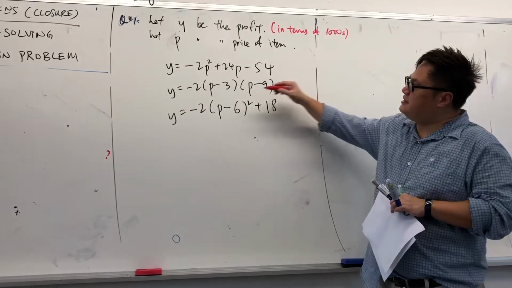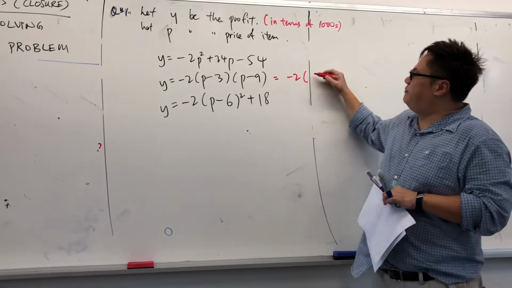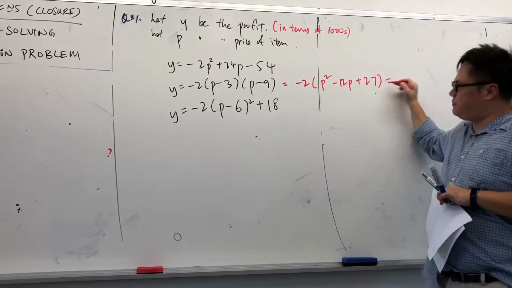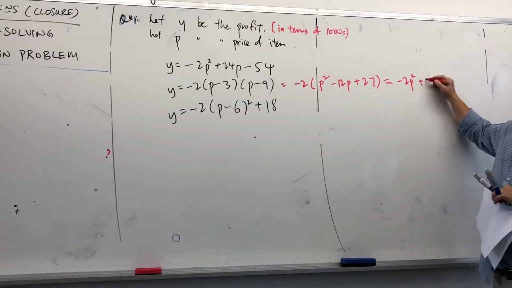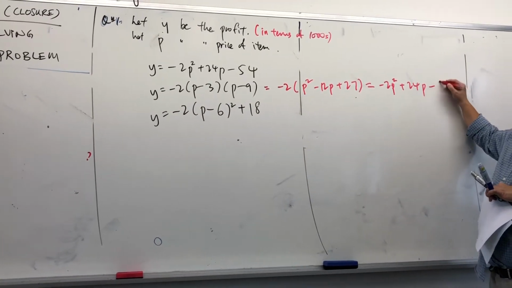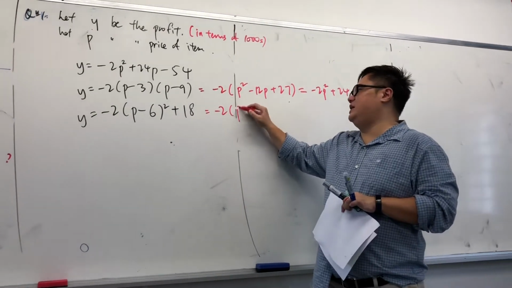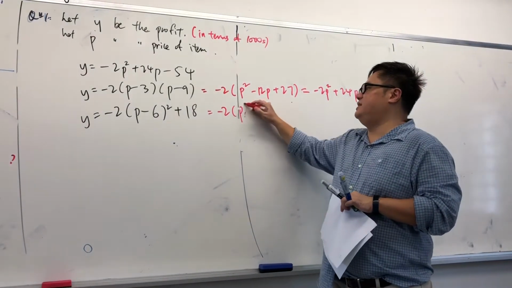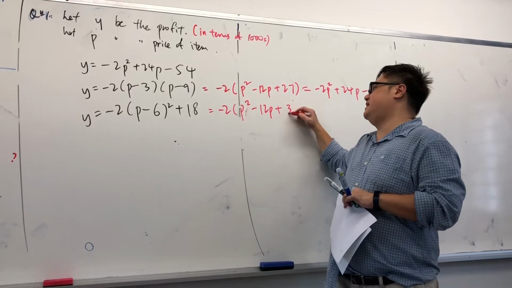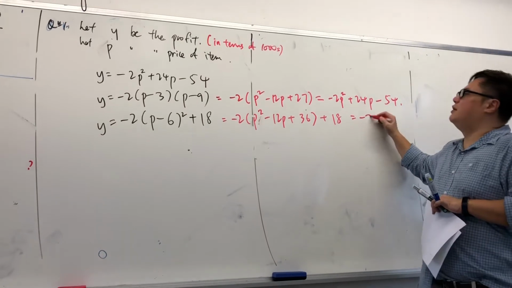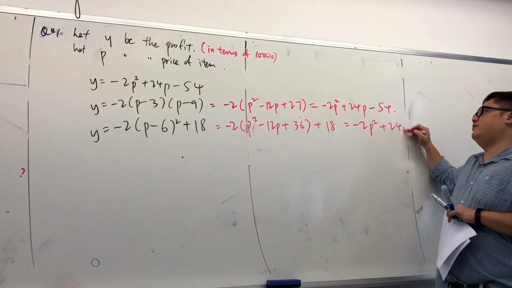You have negative 2 times p squared minus 12p plus 27, and you expand it out, minus 2p squared plus 24p minus 54. If you expand this out, minus 2 times p minus 6 squared, you have p squared minus 12p plus 36, and then plus 18. You expand this out, you will also have minus 2p squared plus 24p minus 54.